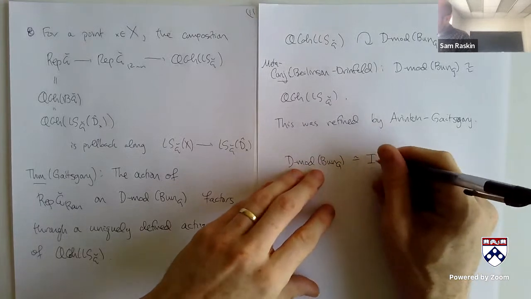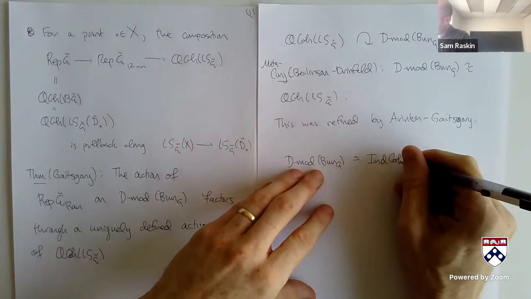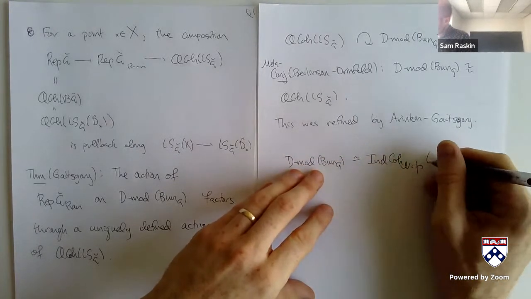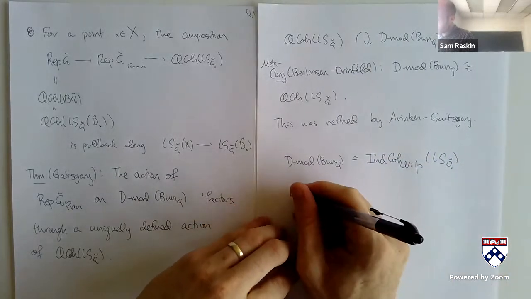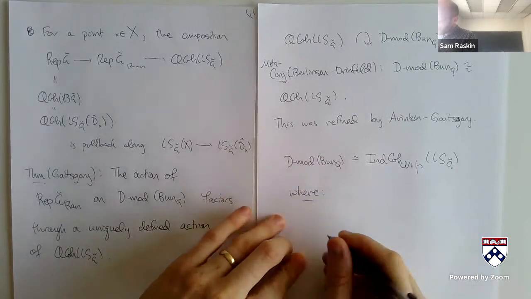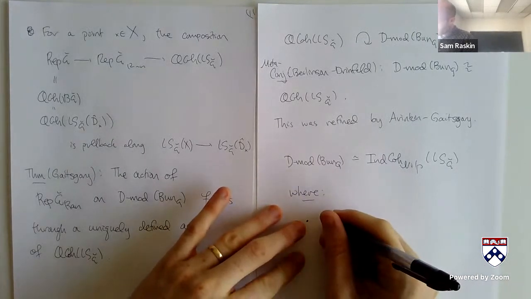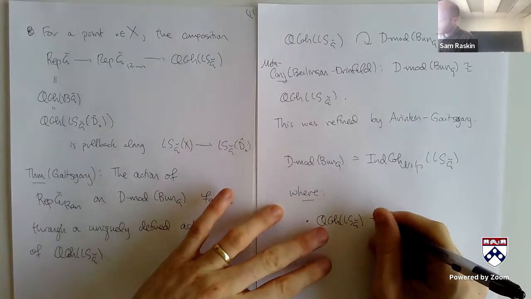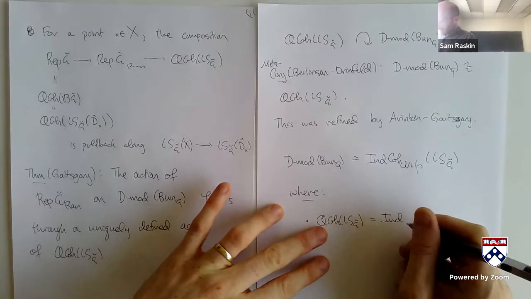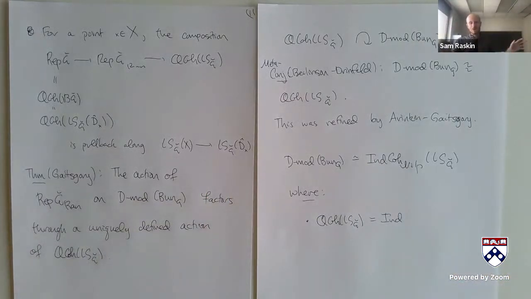There's some notation that I think a lot of people find very off-putting, but the basic thing to know is that for this category of quasi-coherent sheaves there's some homological algebra. If you think in terms of modules over a polynomial ring, sometimes you only care about finitely generated modules.